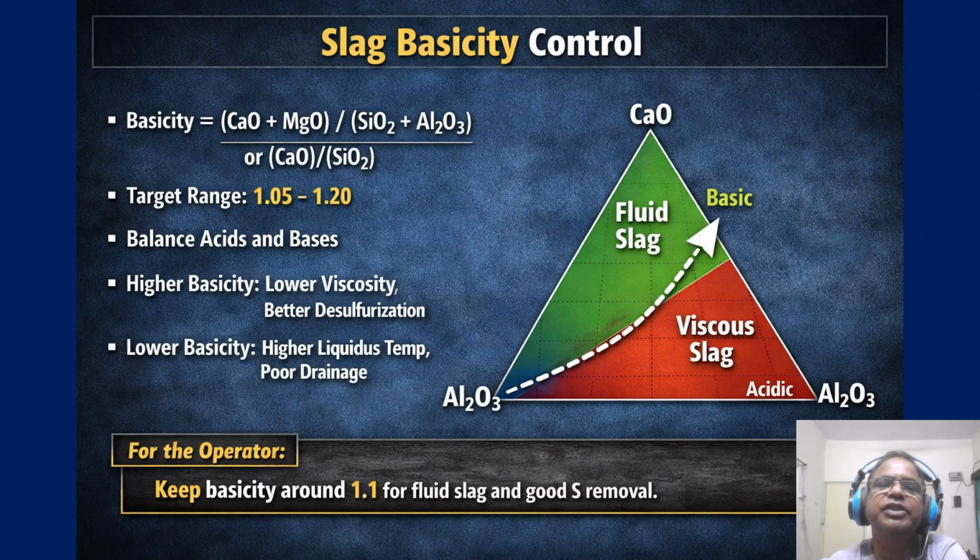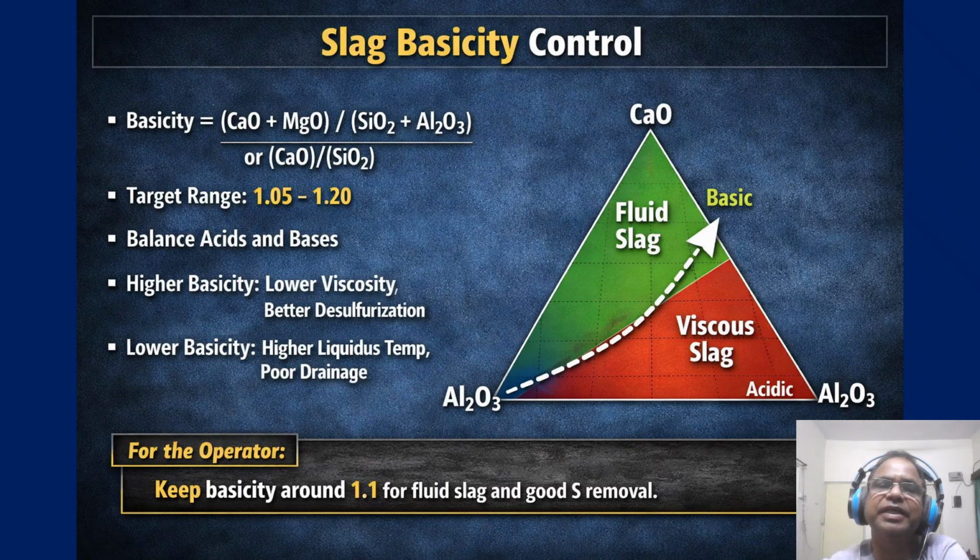If basicity is too high, the slag becomes thick and pasty because you form high melting compounds like dicalcium silicate. On the ternary phase diagram, adding flux moves the composition along a line to a lower liquidus region.